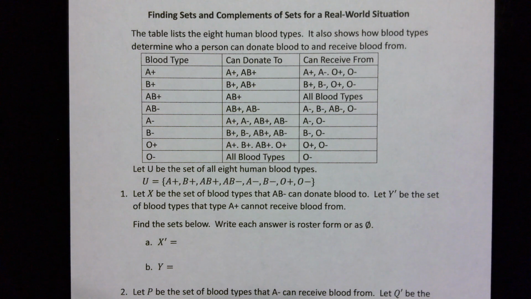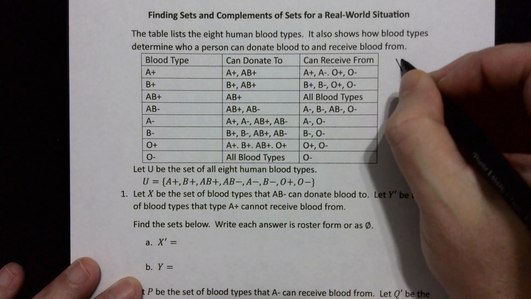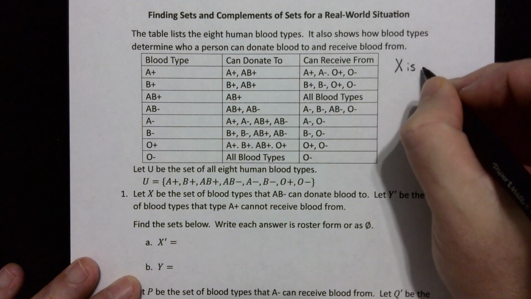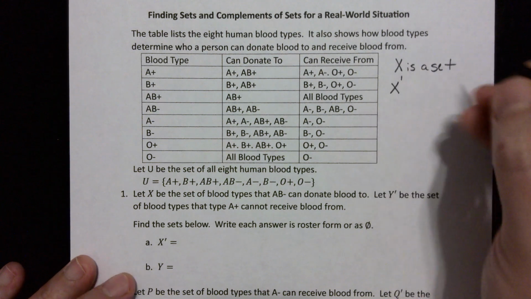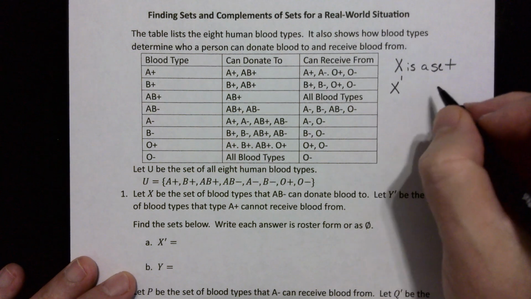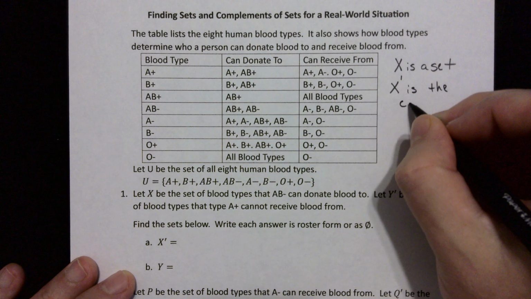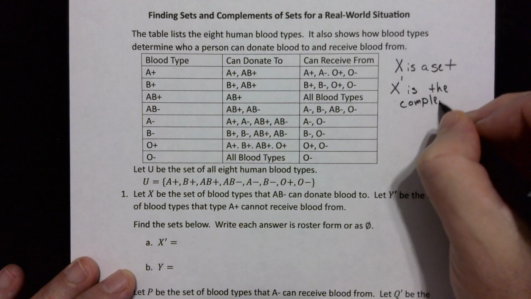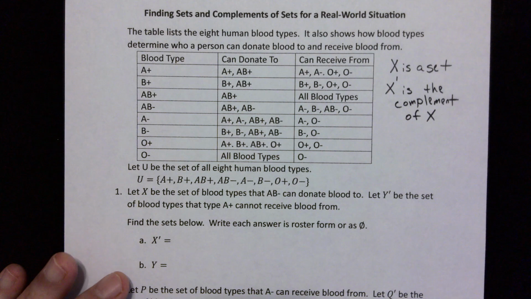In this video, we're going to be finding sets and complements of sets for a real world situation. The notation that you need to know is that if X is a set, then X prime, or X with a little tick mark up here, is the complement of X. That means the opposite.